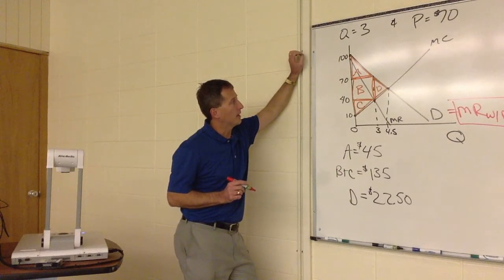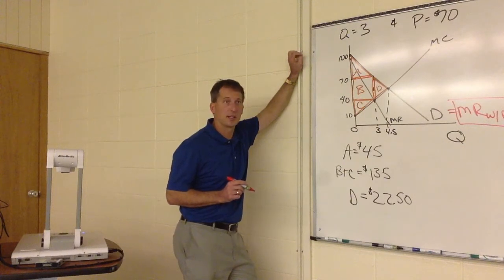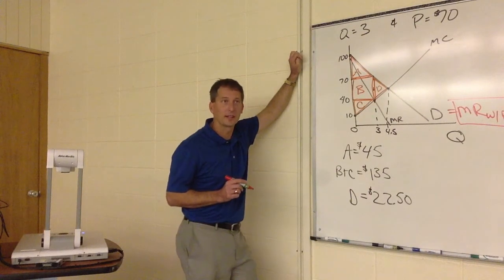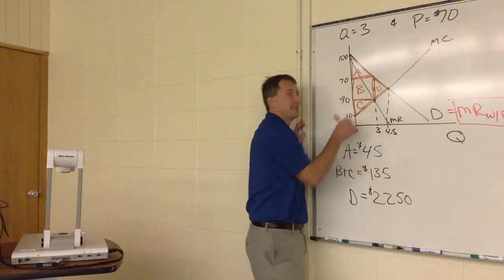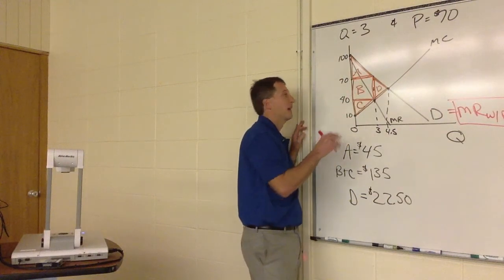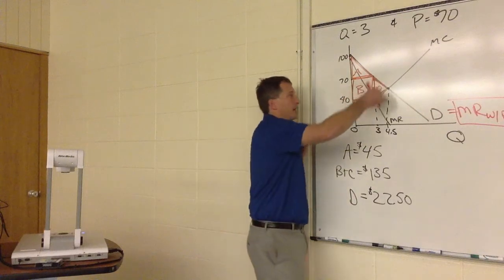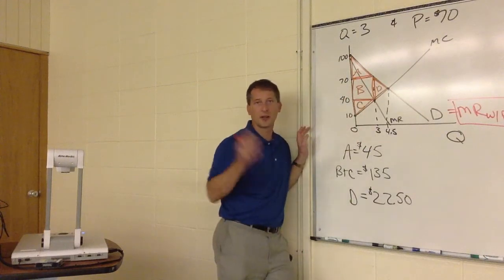What is producer surplus? It wasn't asked in this question, but what is producer surplus? The whole thing. A, B, D, C. So the moral of the story is that perfect price discrimination is, by the way, a theoretical thing.